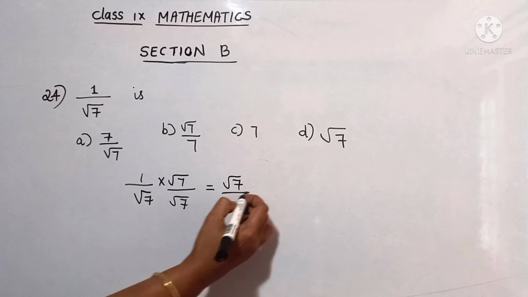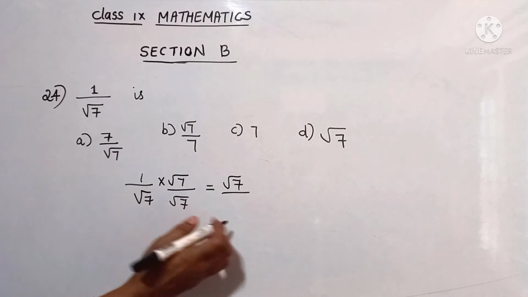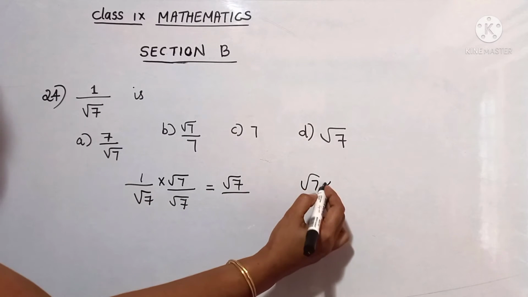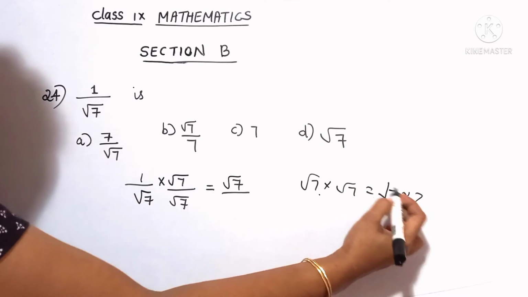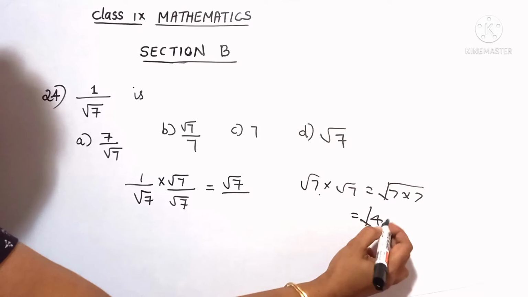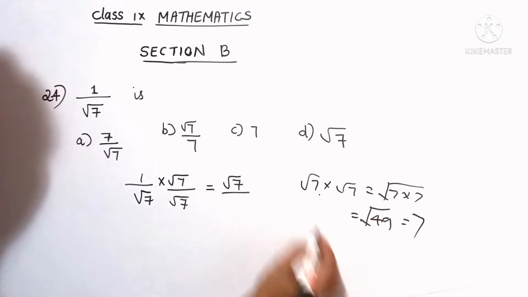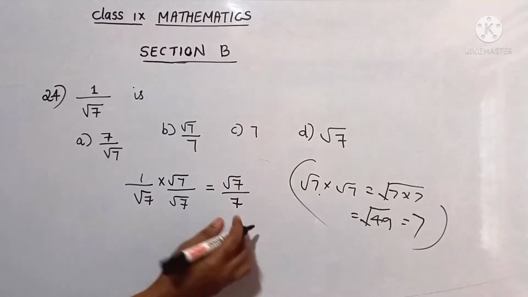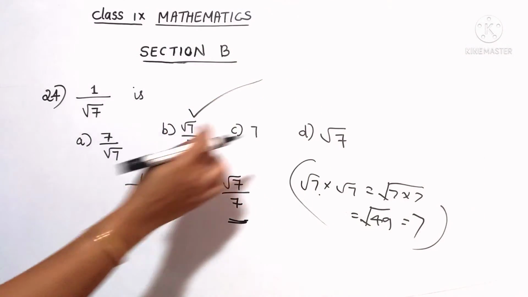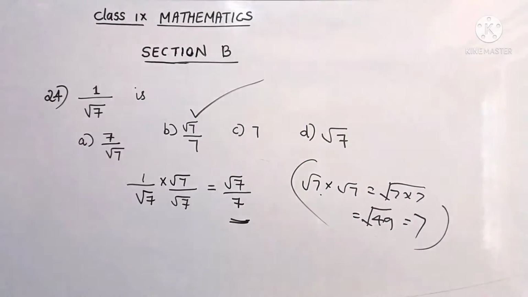Root 7 divided by root 7 into root 7. That is equal to square root of 7 into 7, which is 49. Square root of 49 is equal to 7. This way we are getting 7 here. Root 7 by 7 is the answer. Option B, root 7 by 7.